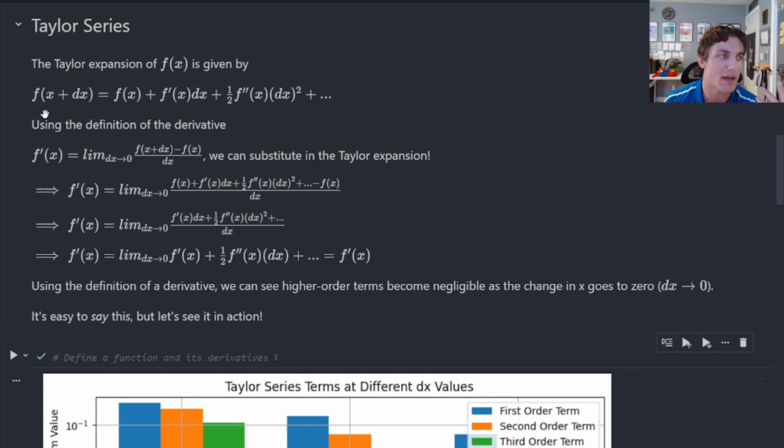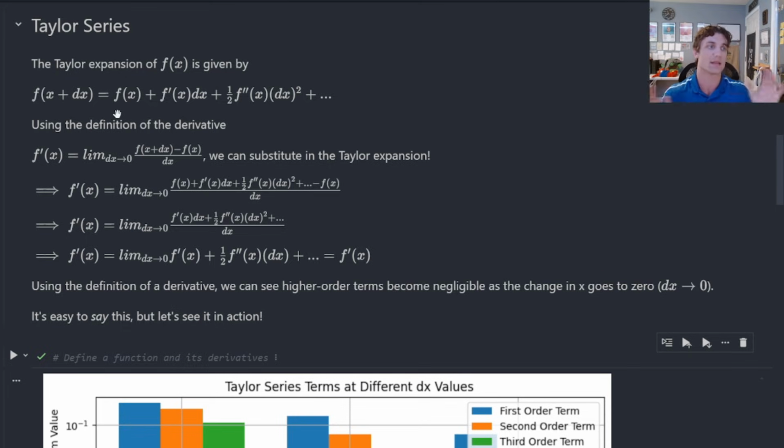We have f of x plus some small change is equal to f of x plus f prime of x times dx plus 1/2 the second derivative of f of x times dx squared. Now, I'm not saying that these terms are negligible in the context of the change in function value at x plus dx.